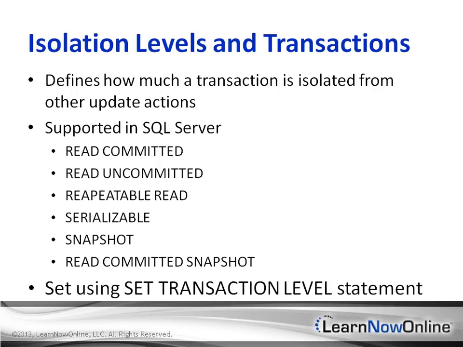Now, in order to set the transaction isolation level, you do that using the set transaction level statement. And then there's also a table hint that you can use for a specific query using a with clause. The important thing about isolation levels is that they can affect what data your code reads when there are other concurrent transactions executing.